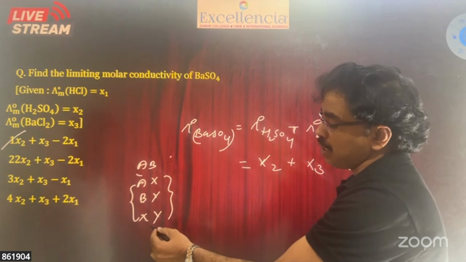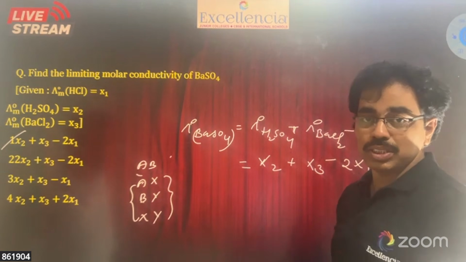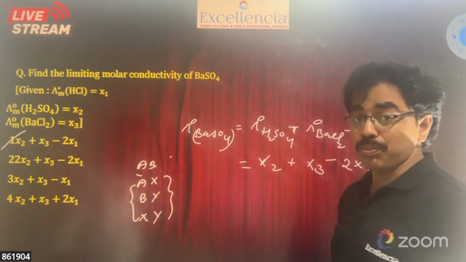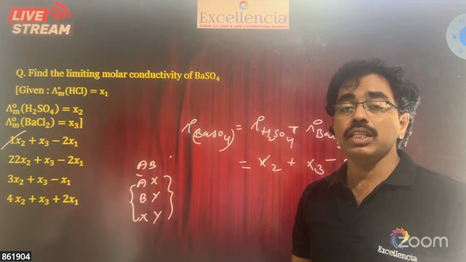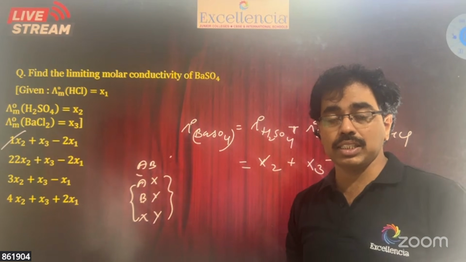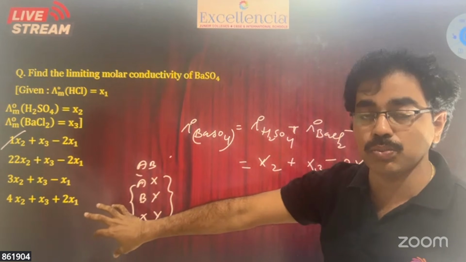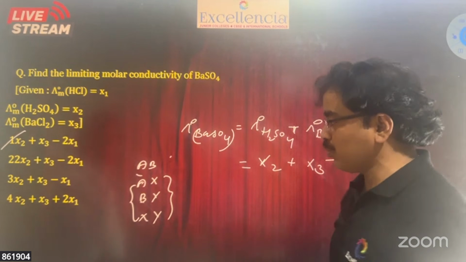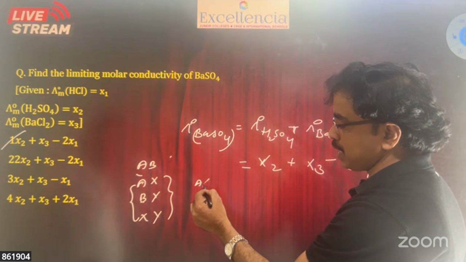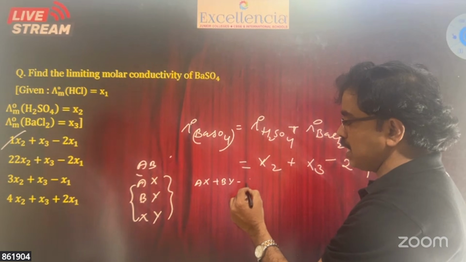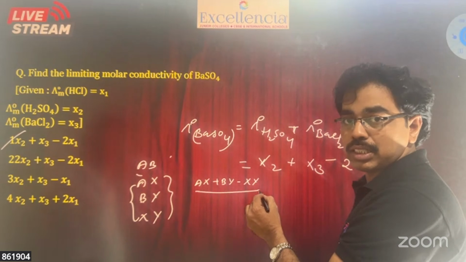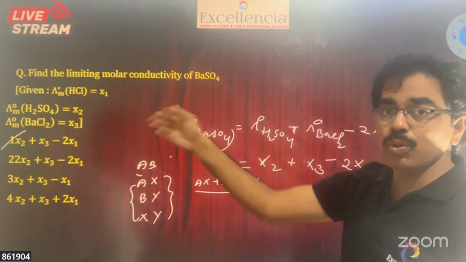The terms which are not present must be subtracted. It may be equivalent conductance or molar conductance, you have to verify that. If it is equivalent conductance, it is Ax plus Dy minus Xy. But here the question is molar conductance, so moles are very important.